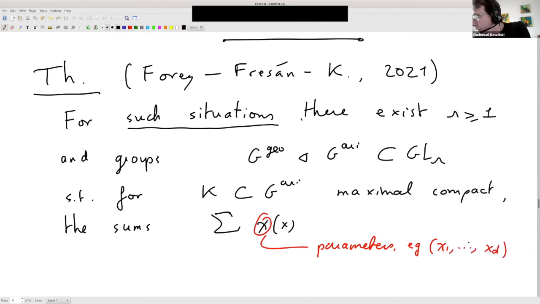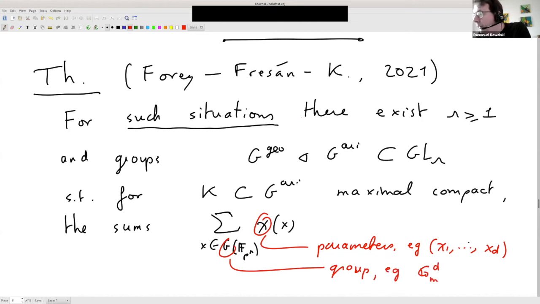We sum over the F_p-points of some group, which could be the multiplicative group to the power d in the case above. And so these are the families, and we have some kind of trace function, which is the thing we put in the middle.